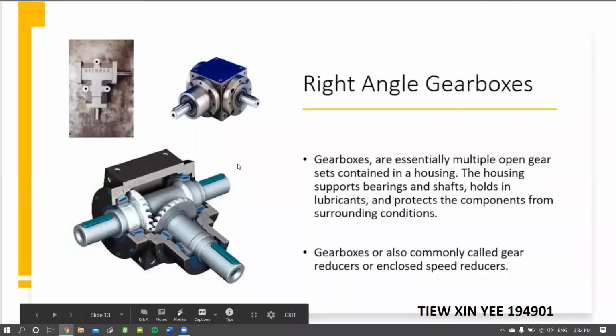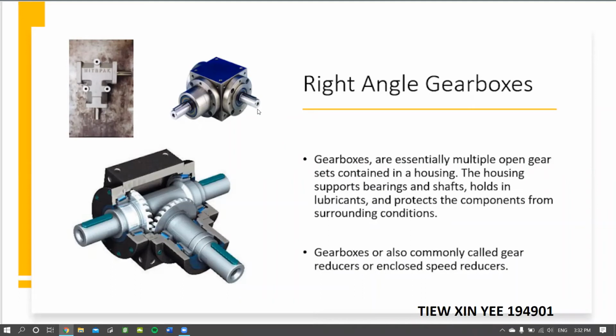So next, I'm going to talk about right angle gearbox. Gearboxes are essentially multiple open gear sets contained in a housing. The housing supports bearing and shaft, holds in lubricants, and protects the components from surrounding conditions.